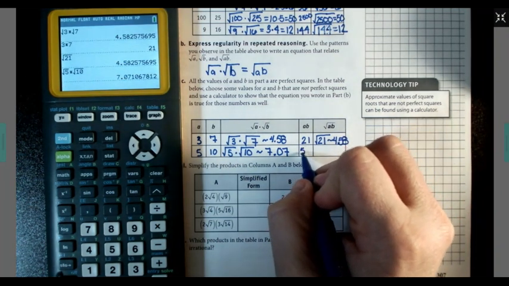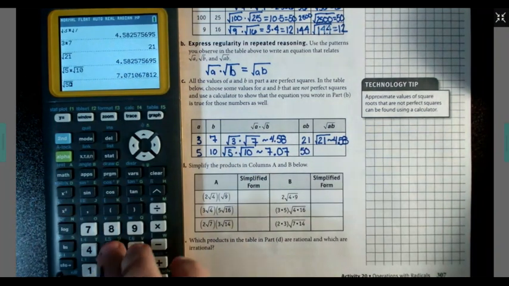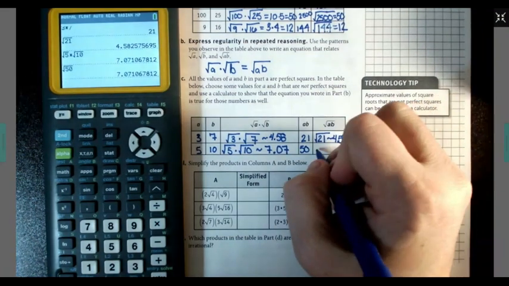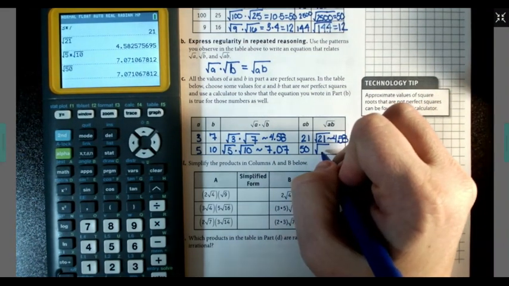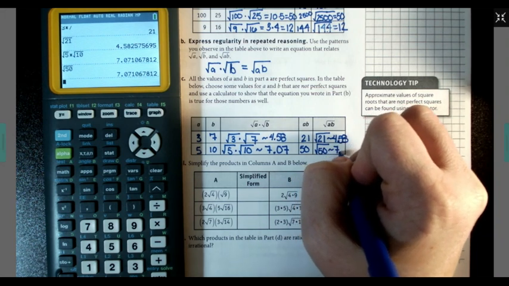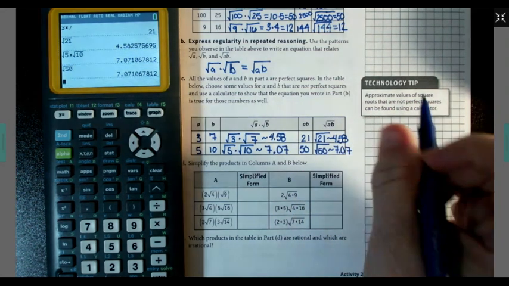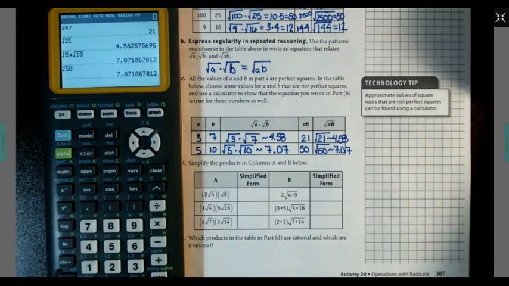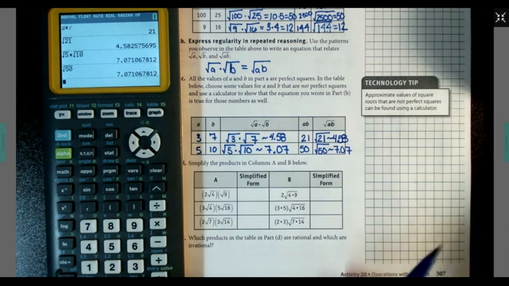Well, that's 50. And the square root of 50 is approximately 7.07. So what do we notice here? Does this equation hold true? Yes. They are the same value from here to here.